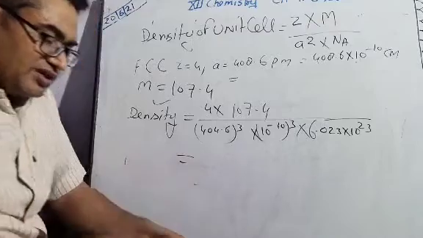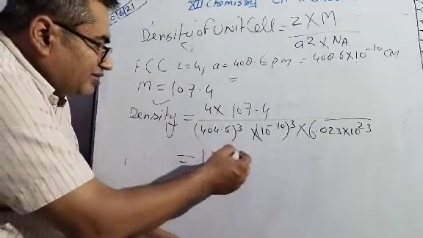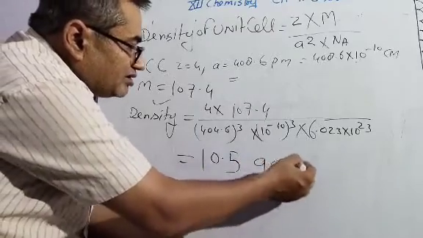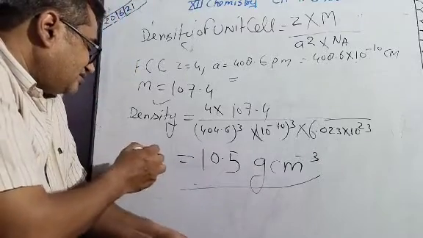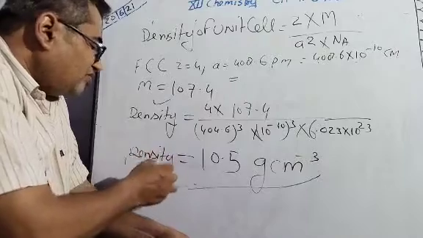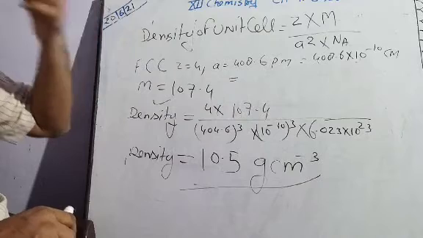So whenever we calculate, we find 10.5 gram per cubic centimeter. This is the density of one unit cell.